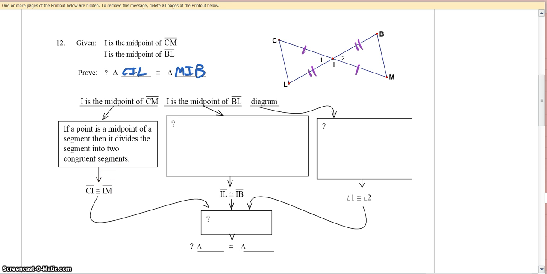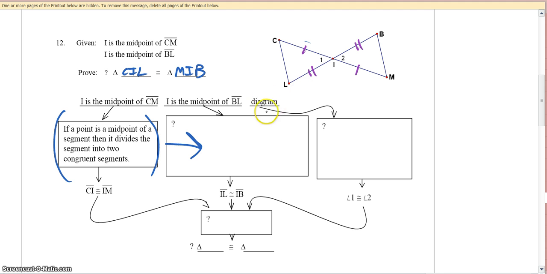That is part of our conjectures, so therefore CI congruent to IM. Now this exact same thing can be written right in this box, because this is a general case, and if I is the midpoint of BL, well, we know that IL will be congruent to IB as long as we include this in the box, that if a point is a midpoint, then it divides the segment into two congruent segments. So it looks like we've got our two sides.